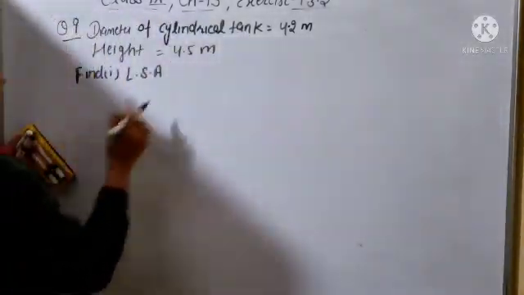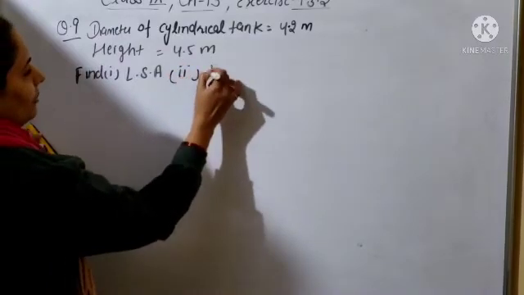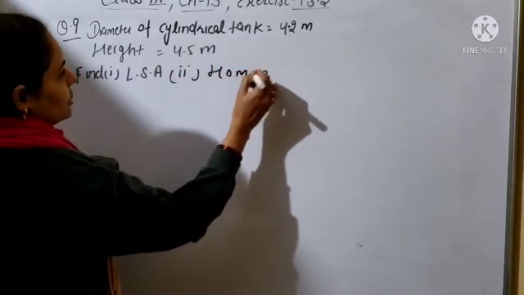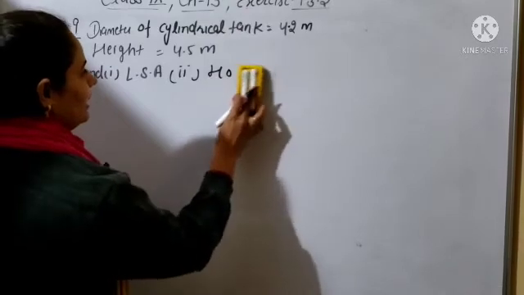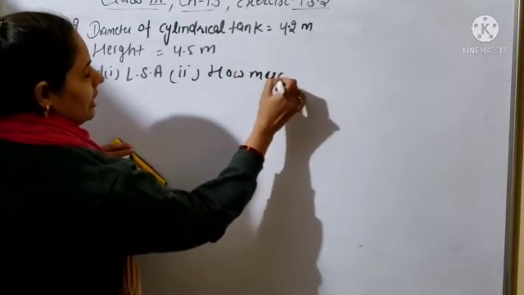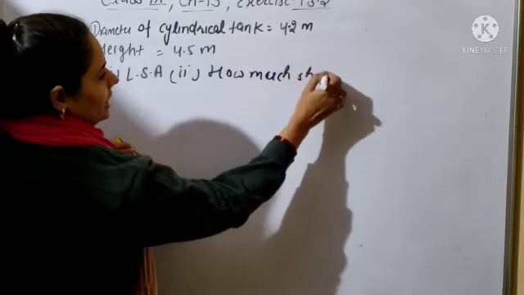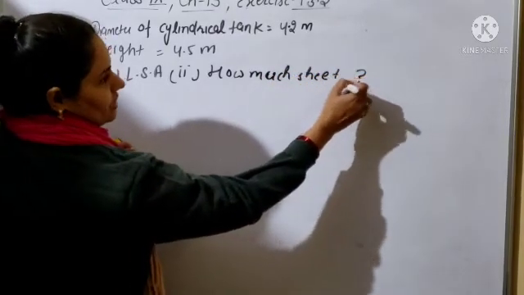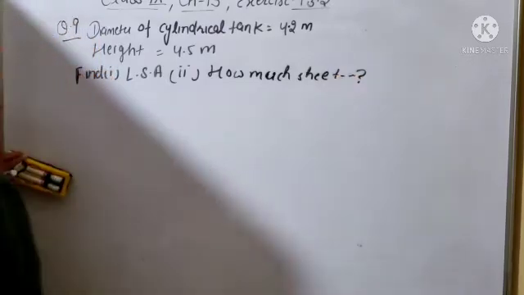And what will be the total surface area? Second, in the second part, how much sheet is required, if 1/12 part is wasted. Okay, so you can complete it.